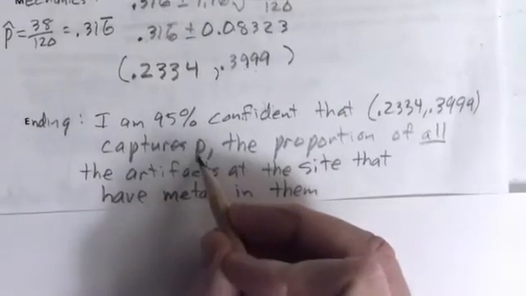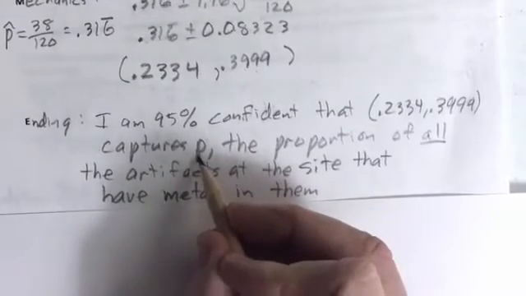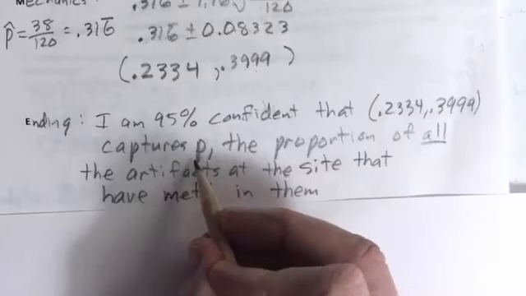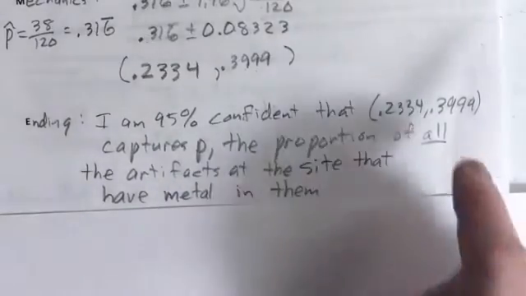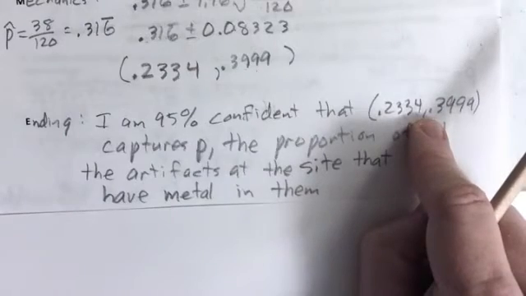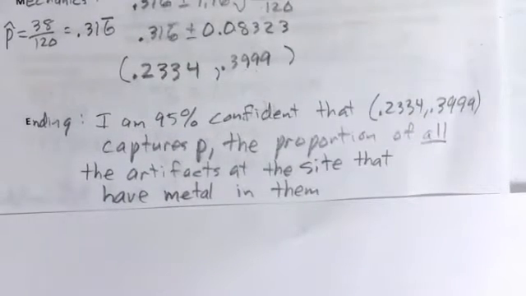And never put P hat here, by the way. Always put P in this chapter. Because the sample value is always going to be in the exact middle of the interval. So that's how you make a confidence interval. And that's in essence the main part of chapter 8, section 2.